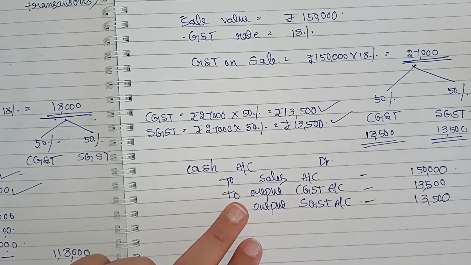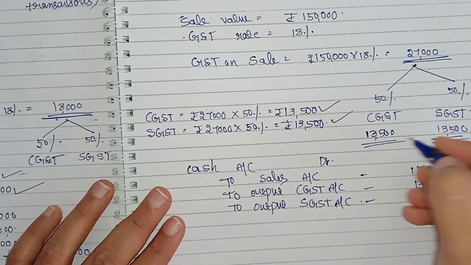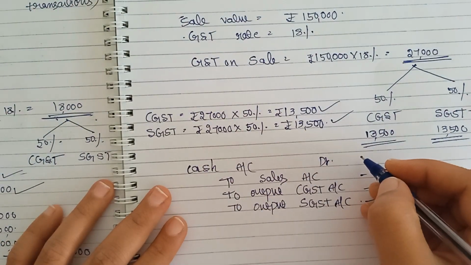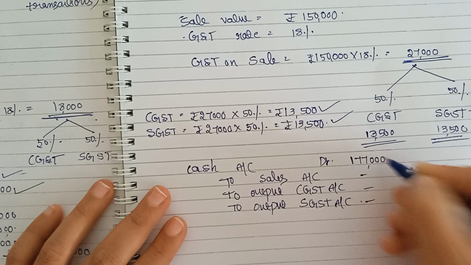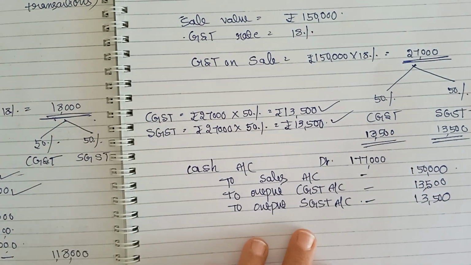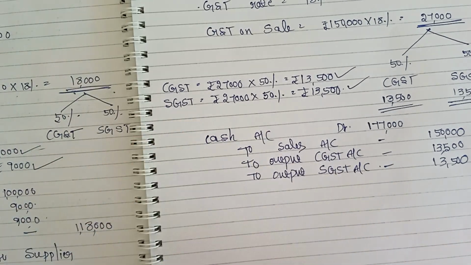Now the total amount is 1,50,000 plus 13,500 plus 13,500, that is rupees 1,77,000. It means the business collects rupees 1,77,000 from the customer.